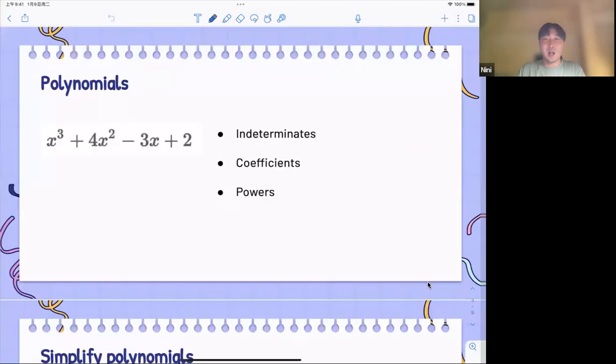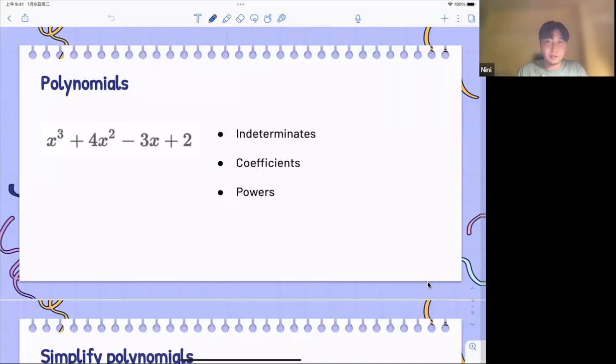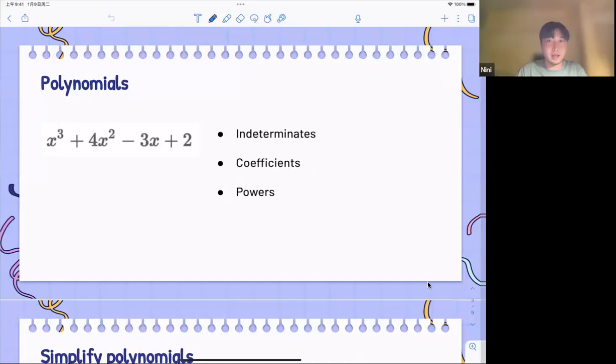So about our concept today, polynomials. Let me first introduce three major factors of polynomials. The first one, you can see here as something like x, which is an indeterminate. It is called an indeterminate because we don't know the exact value of x here, right? On the left, we only have x. There is no y, no z, no a, b, c, right?